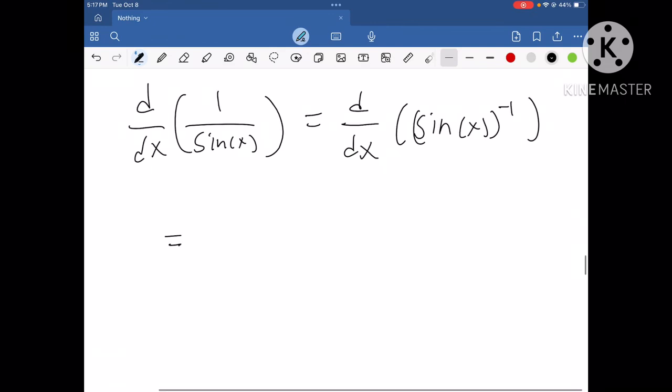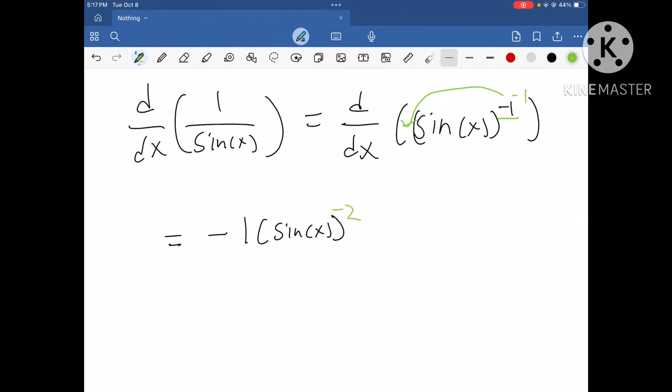And now we just have to use power rule and chain rule, of course. So let's just take the derivative. Negative 1 comes down, and sine stays as it is because of chain rule. But we have to subtract 1 here, like that. But because of chain rule, we have to multiply by cosine.